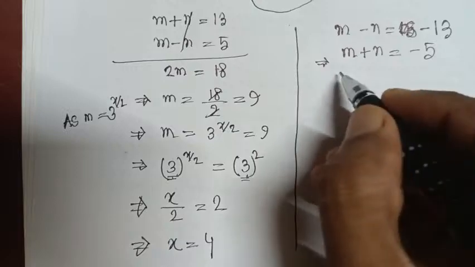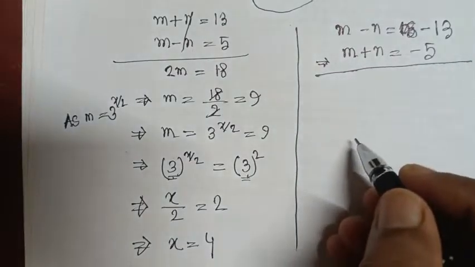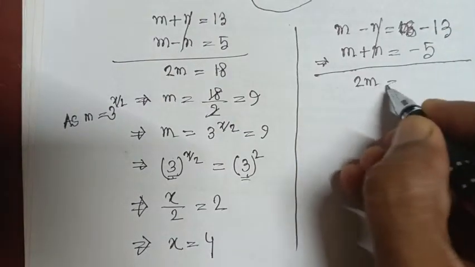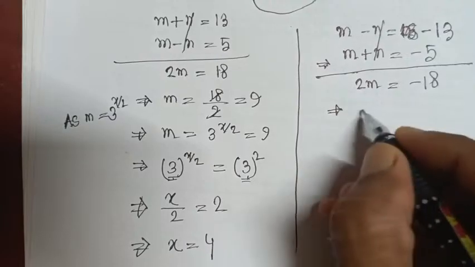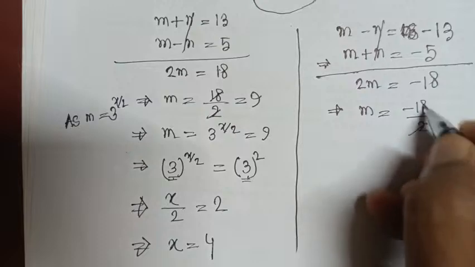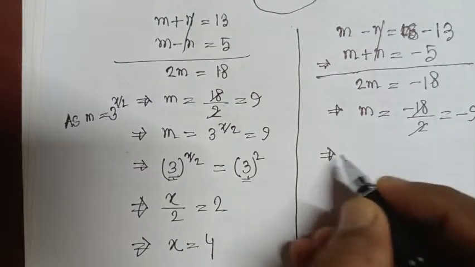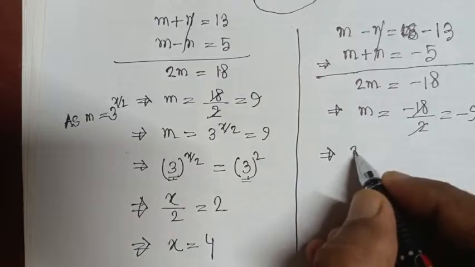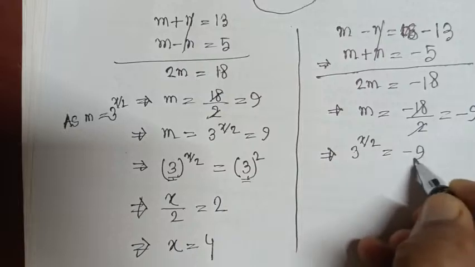Then we just add them. After adding them, we get 2m equal to minus 18, and m equals minus 18 by 2, which cancels out to minus 9. Therefore m equals 3 to the power x by 2 equals minus 9.